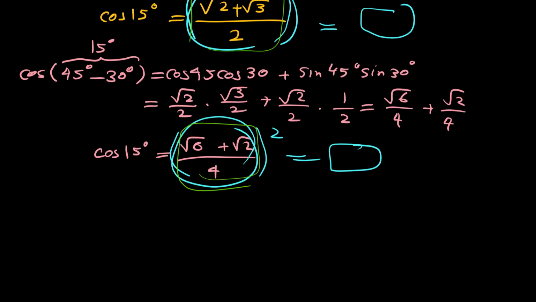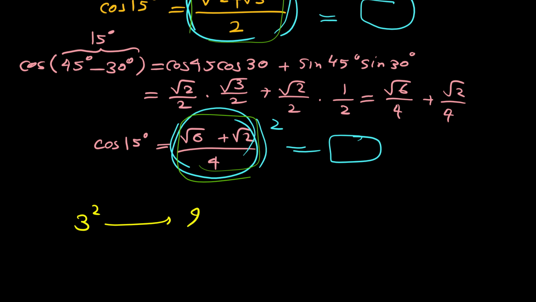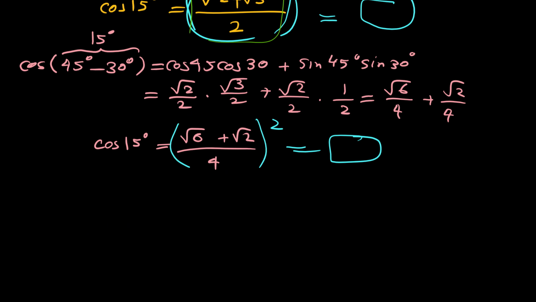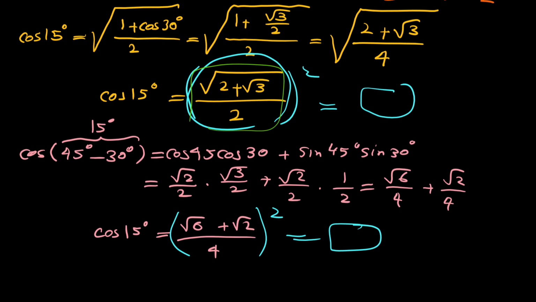For example, 3 to the 2 is 9, and negative 3 to the 2 is 9. Can you conclude the original numbers are equal? No, because one of them is positive and the other is negative. But if the original numbers are positive, then yes. If their squares are equal, the original numbers are also equal.